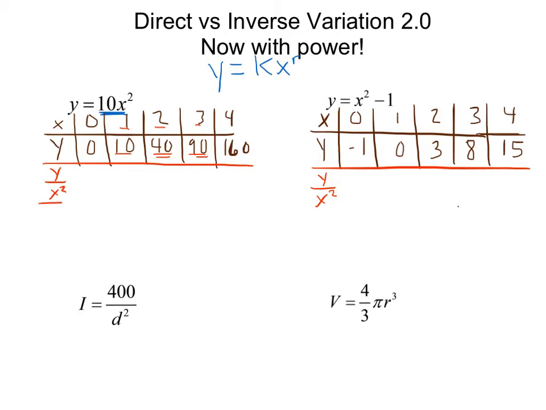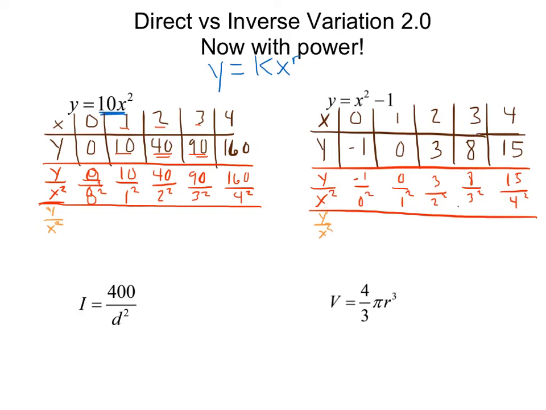I'm testing, as you can see here, y over x squared. And then I'm going to just fill out what those are. Okay, got all of those, and then I can down here evaluate 0 over 0 squared. That is going to be undefined. 1 over 1 squared, that is 10. 40 over 2 squared, 40 over 4 is 10. 90 over 9, 10.